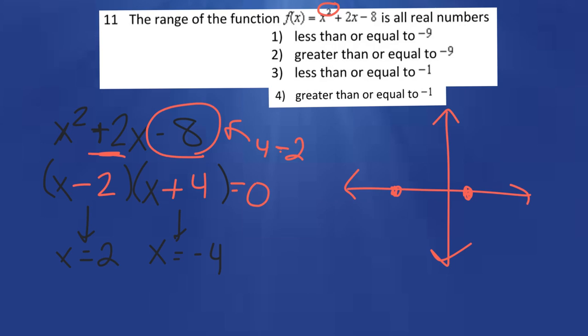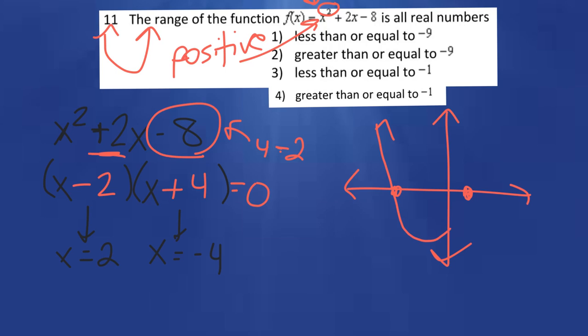Another good trick is to notice that because the x squared term is positive, we know that when we graph the function, it's going to be opening upwards, more like a happy face. If it was negative x squared, then it would be opening downwards. Because we know that, our graph is going to look something along those lines.